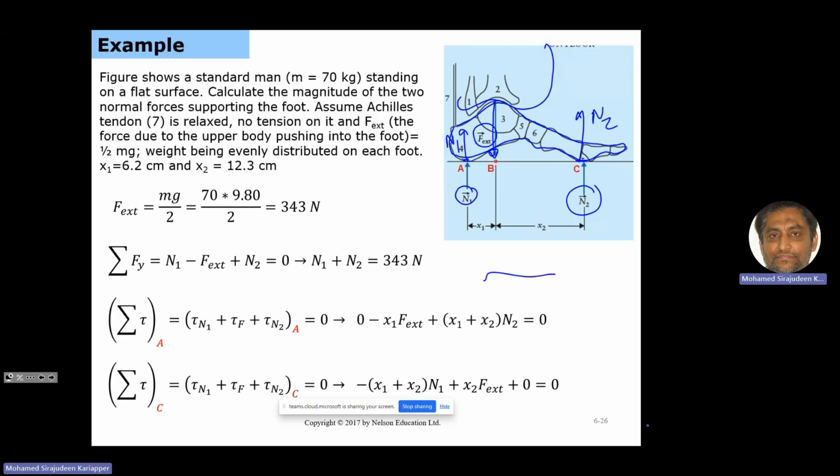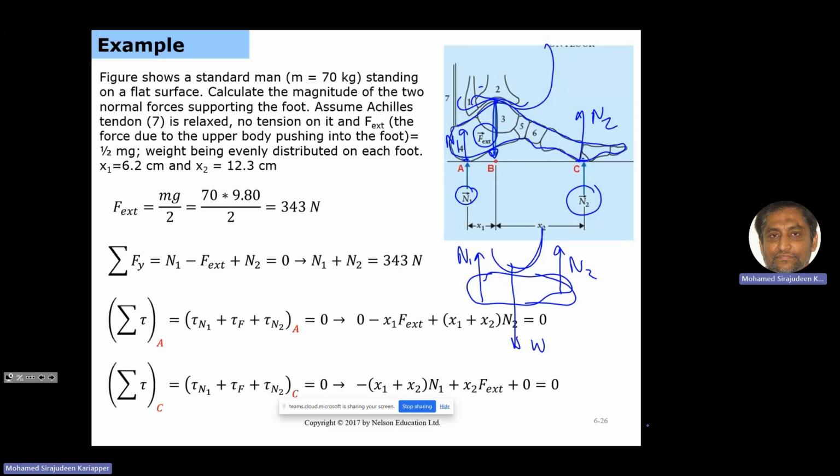So we are looking at this foot, right? So on this foot we have the N1 at this point, N2, and the weight of the rest of the body through this bone here pressing on him. So we are looking at 3 forces acting on the foot. I hope it is clear to you.